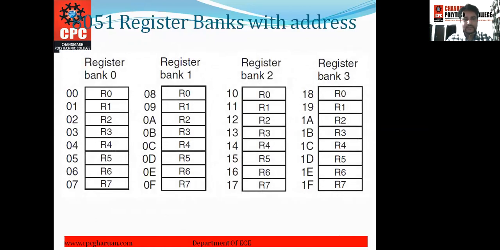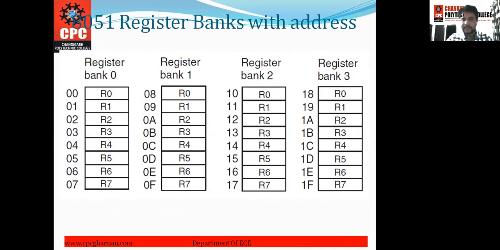This slide shows the register bank area, that is the register bank 0, 1, 2 and 3 with its different ranges, starting from 00 from the left side. 00 to 07 is reserved for bank 0. Register bank 1 ranges from 08 to 0FH. Register bank 2 ranges from 10H to 17H.